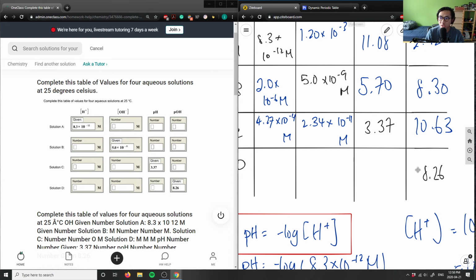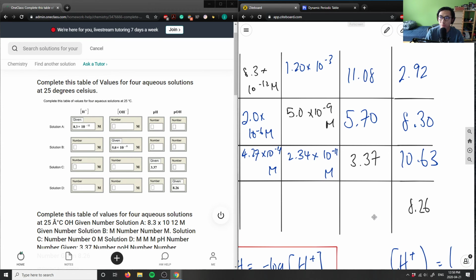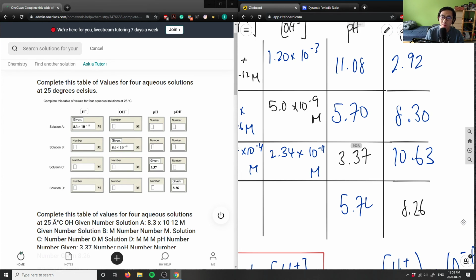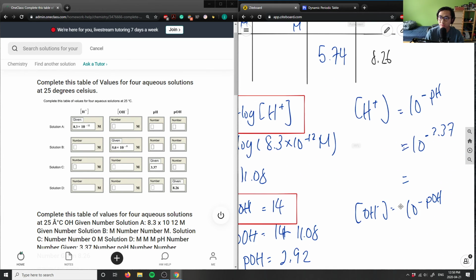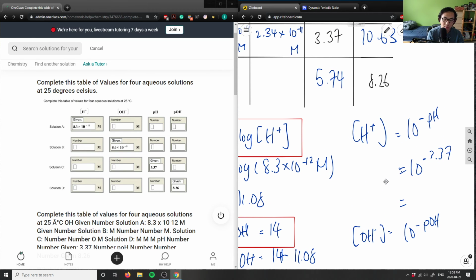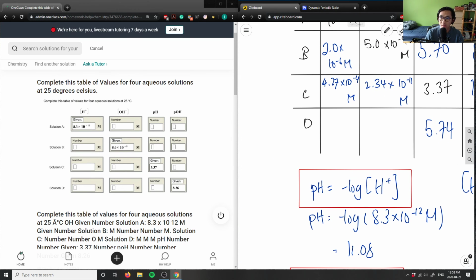And then finally for solution D, I'm doing the exact same thing. 14 minus the pOH would give me my pH. So 14 minus 8.26 would give me 5.74. And then I'm simply redoing these two formulas. H plus equals 10 to the power of negative pH. So 10 to the power of negative 5.74 would get me my answer, which is 1.82 times 10 to the negative 6 molars.